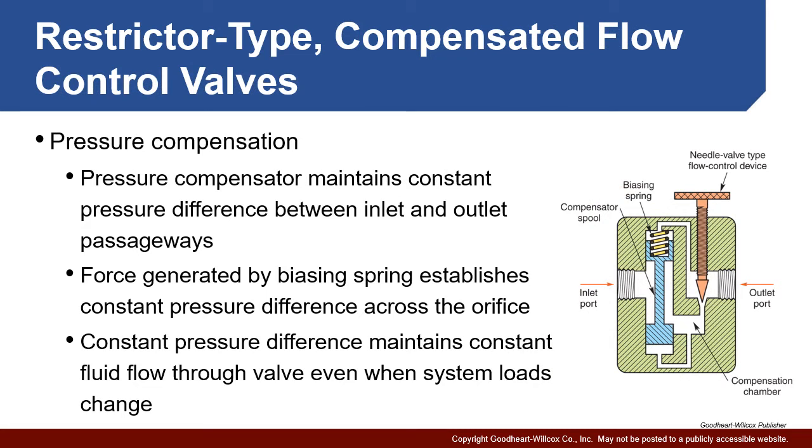Now, we can adjust for pressure by using that same sort of pilot pressure and biasing spring combination that we saw earlier. We have the same needle valve that opens, right? And fluid is going to flow through here. If the pressure goes up, that's going to compress this spring.